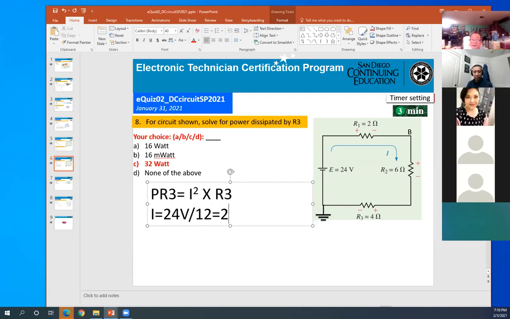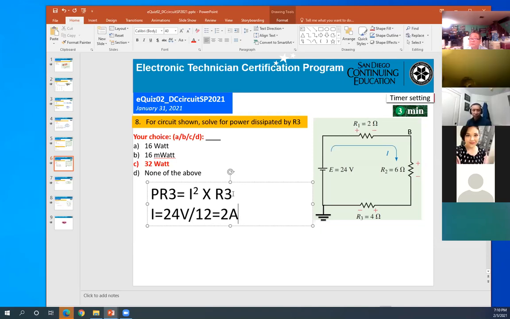Yes. But 4 times 4 is 16, not 32. Correct. I think I got it wrong, sorry about that. It should be 16, so the answer is A. Correction on watts: P equals 2 squared is 4, 4 times R3, which is 4, is 16. So 16, so A, yes.